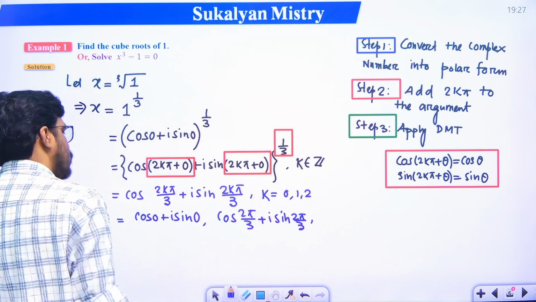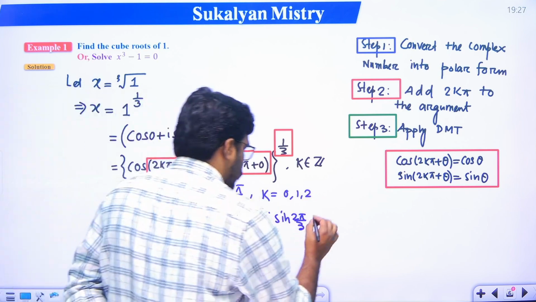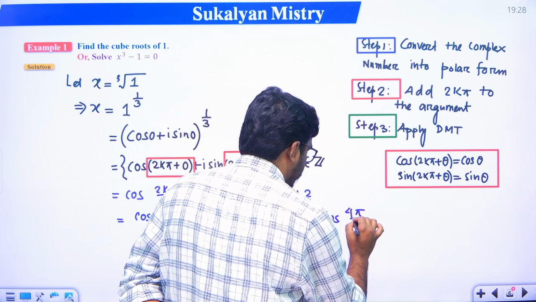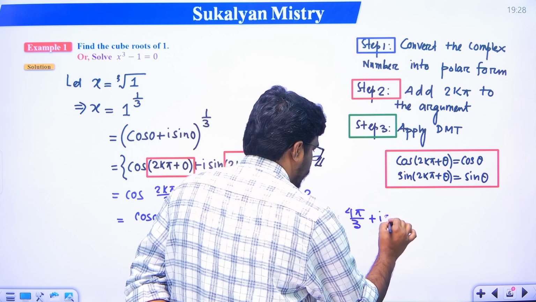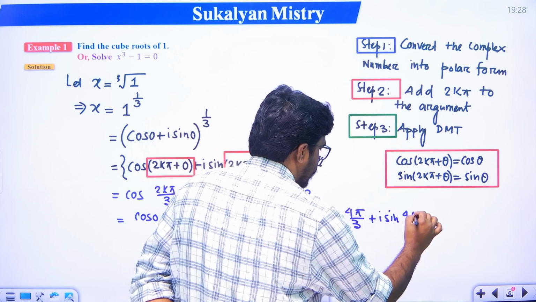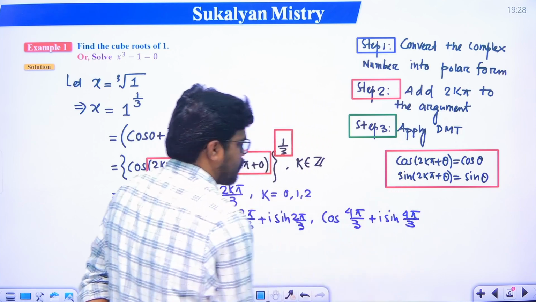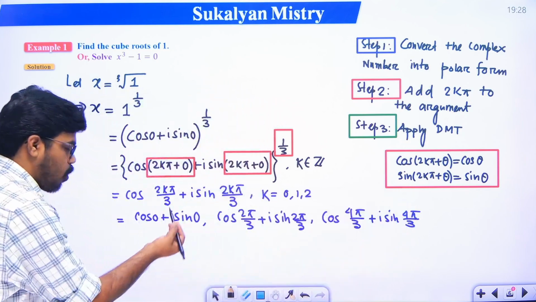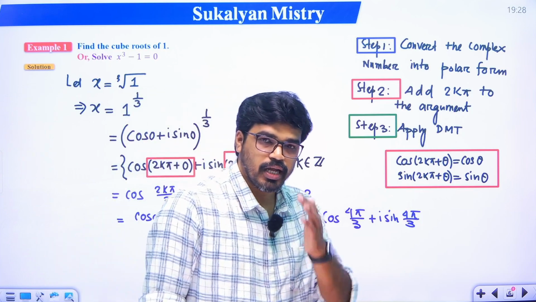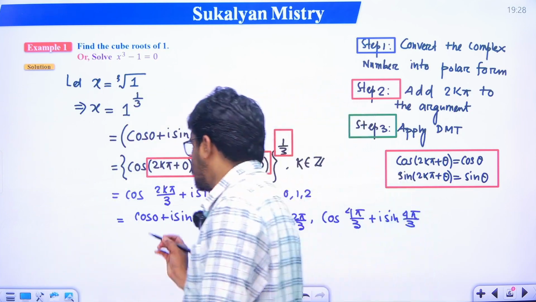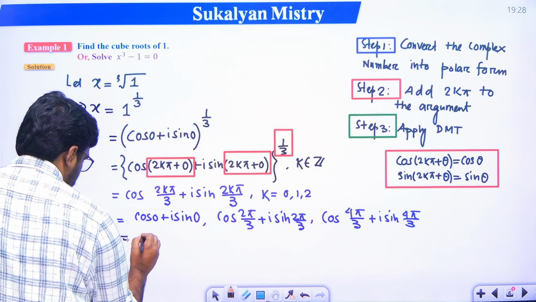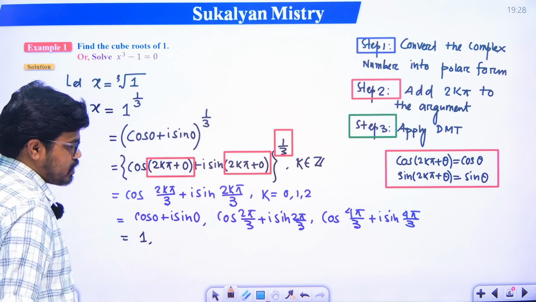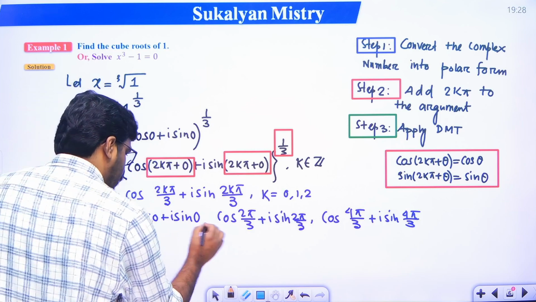When k is equal to 2, that is cos 4 pi by 3 plus i sin 4 pi by 3, right? Now cos 0 is 1 and sin 0 is 0, so this is 1. Cos 2 pi by 3 is minus 1 by 2.